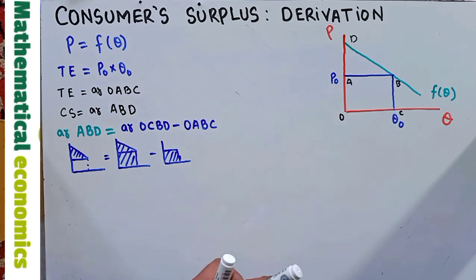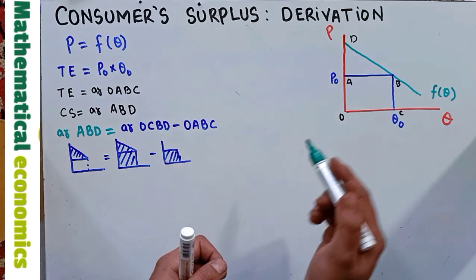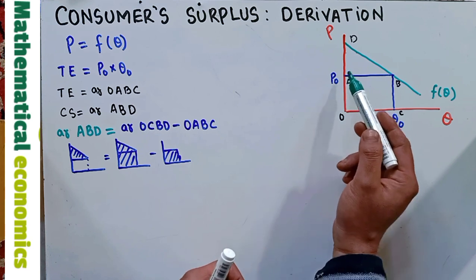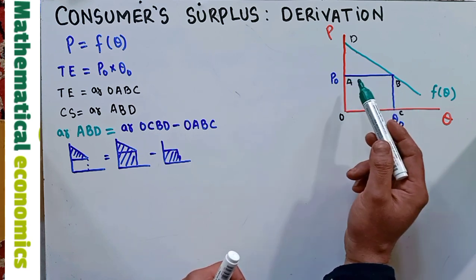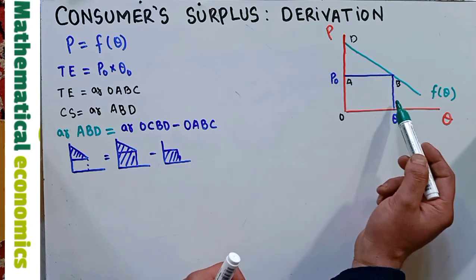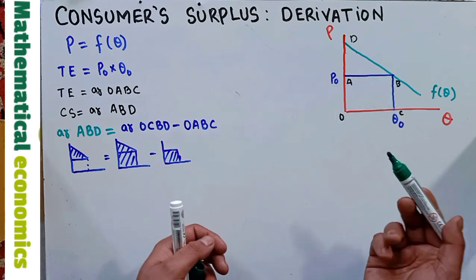So the area of this whole region, that is OCBD, is the area under the demand curve here.